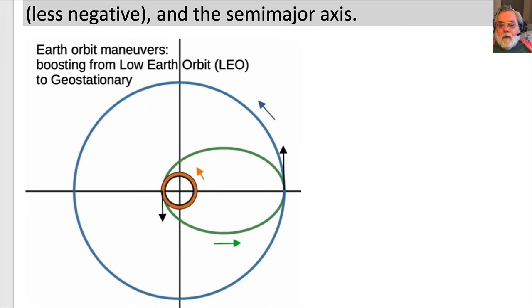Now, beware of one common potential confusion. Earlier in the main course, we learned that for circular orbits, velocity decreases with orbital radius. So, the velocity of the blue circle is smaller than the velocity of the orange circle.